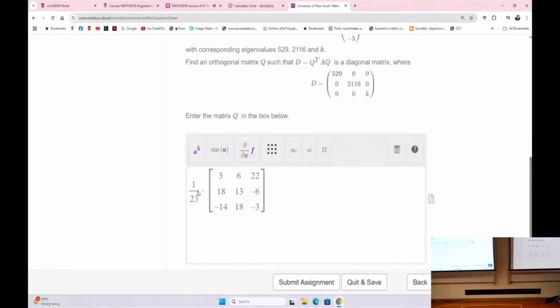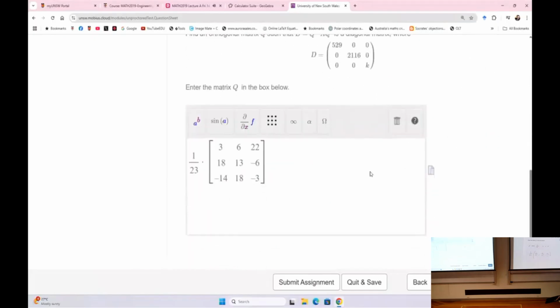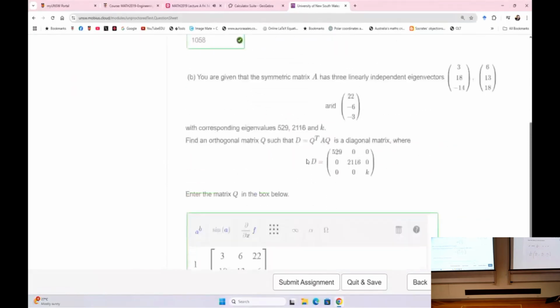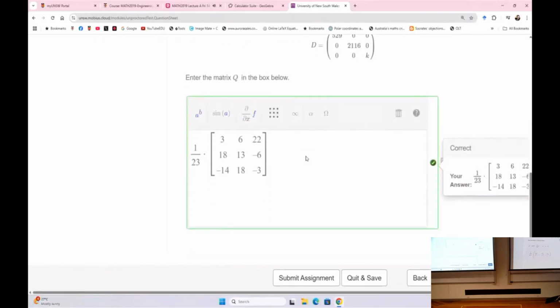Somebody mentioned, I asked this in lectures, can you put the 1 on 23 out the front? And someone said, yes, you can. So I tried it and it works. Okay, so shall we go for green? Right, let's go for green. Yes, and yes.